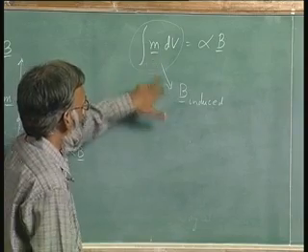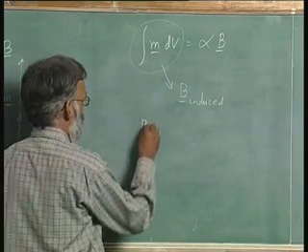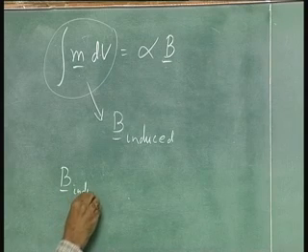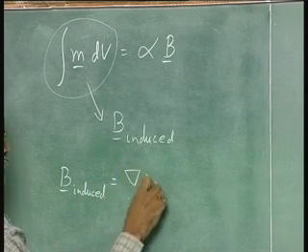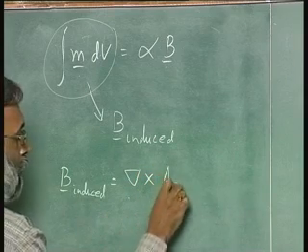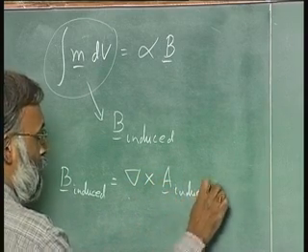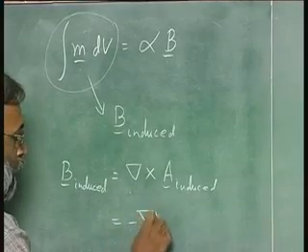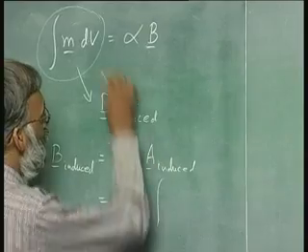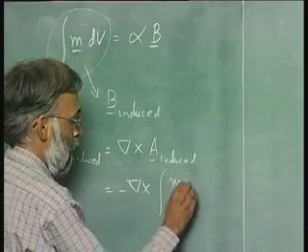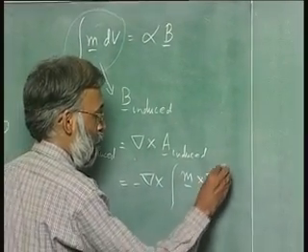Earlier, the B induced was equal to curl of A induced, which was equal to minus curl of integral of this m cross gradient of 1 over r.